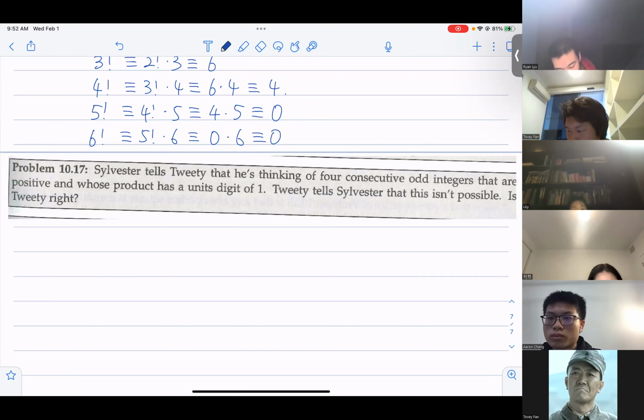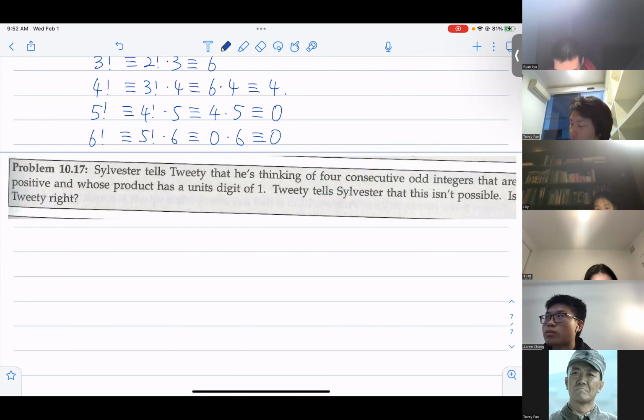Okay, very good, very good. Okay, so let's see, Lily, Aaron, if you guys have the same idea. So 4 consecutive odd integers, right? And the unit digit is 1. So basically, this question is just another way of asking, what are the possible unit digits when you multiply 4 consecutive odd integers? Right?